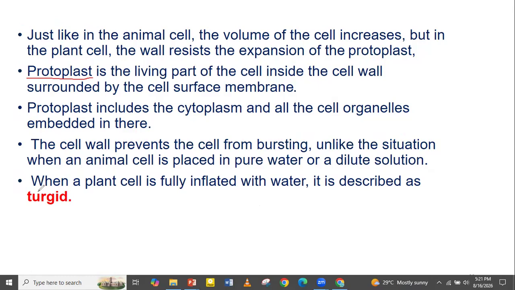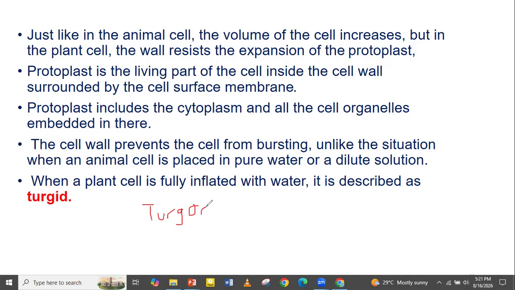So when a plant cell has water entering into it, eventually the plant cell becomes turgid. Remember, we said, what does the word turgid mean? It means that water has entered into that plant cell. So the plant cell has a high turgor pressure. This is the spelling of the word turgor. It has a high turgor pressure because water has entered into it.